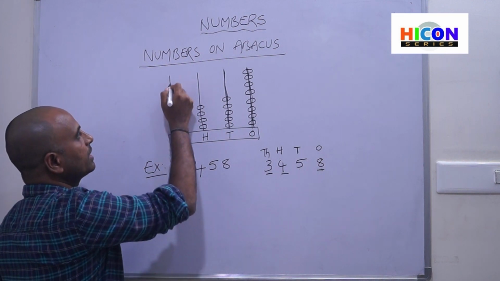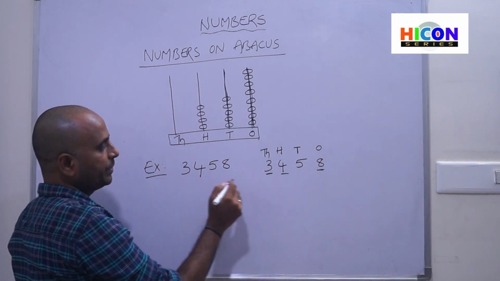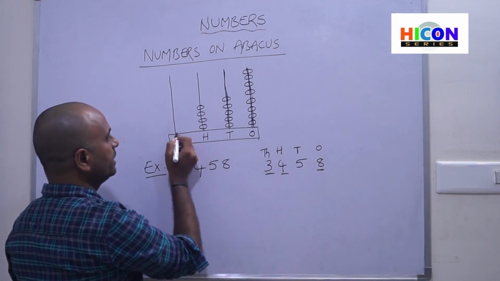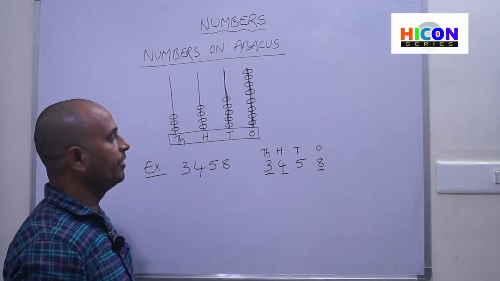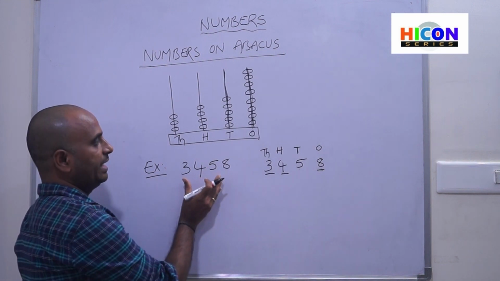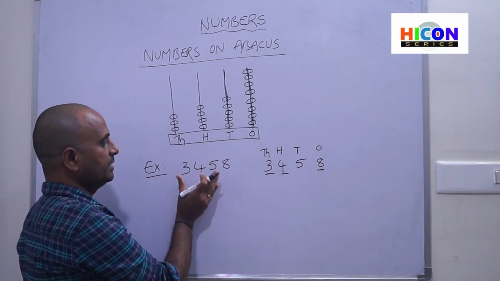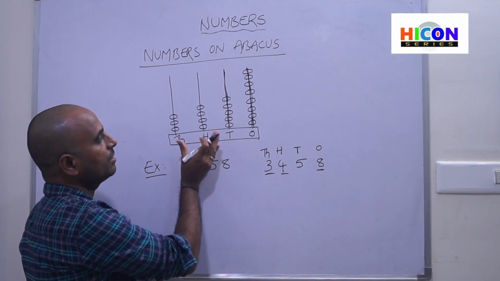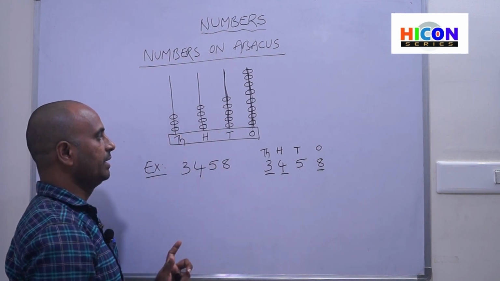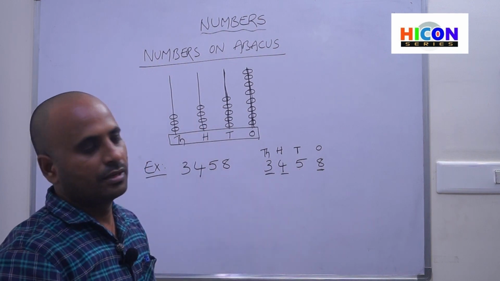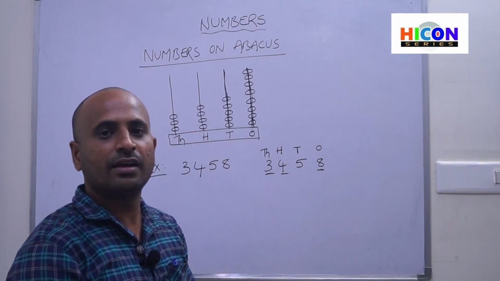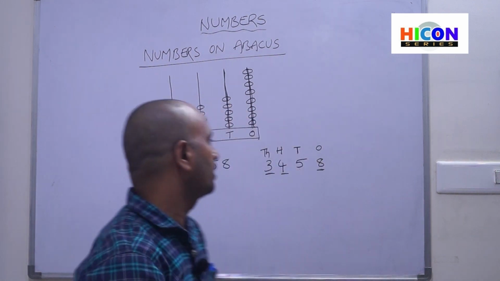Here the fourth stick represents thousands place. 1, 2, 3. This is the way of representing a number on the abacus, and in a similar way we can write a number from the abacus.